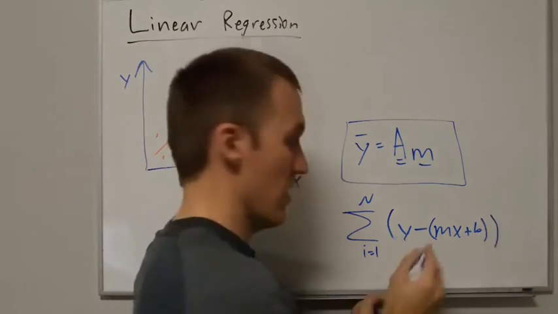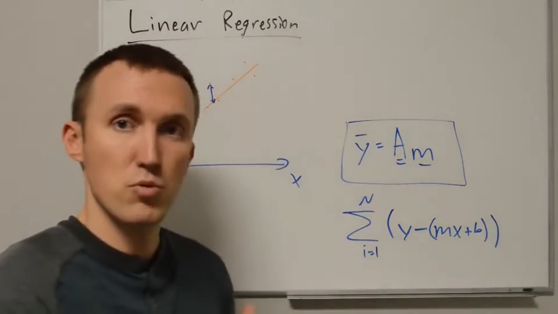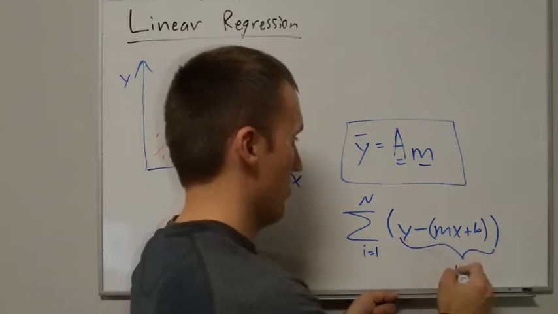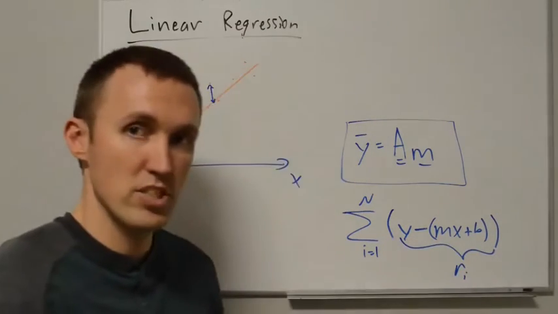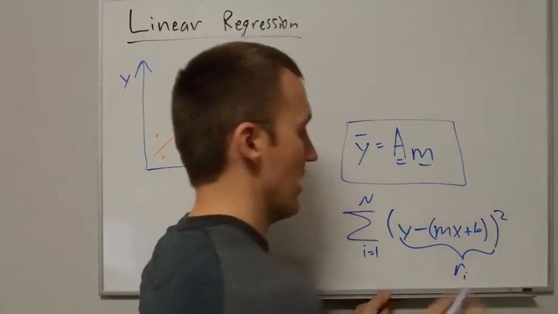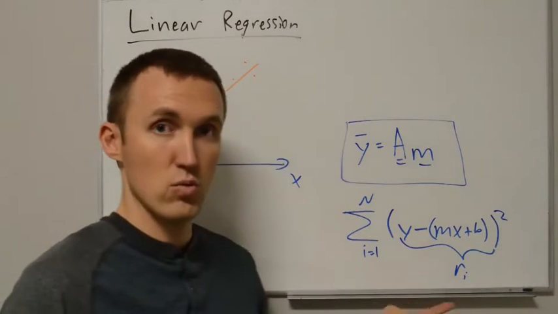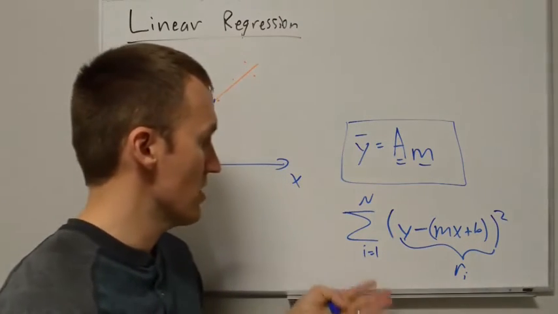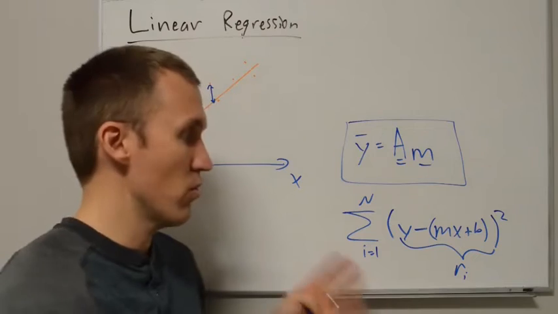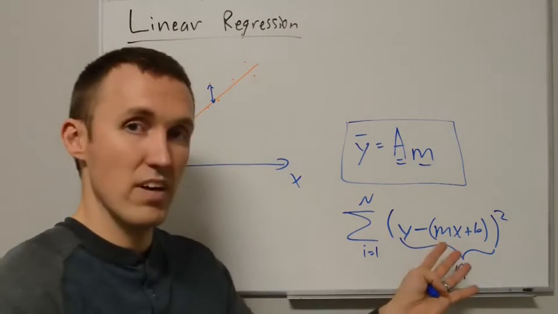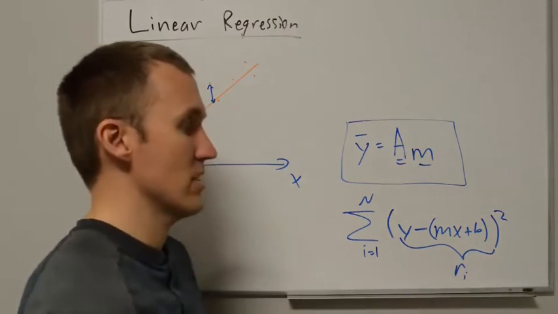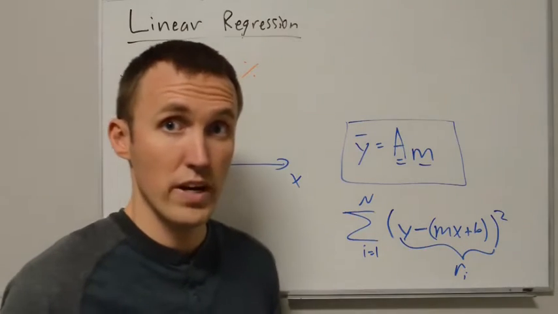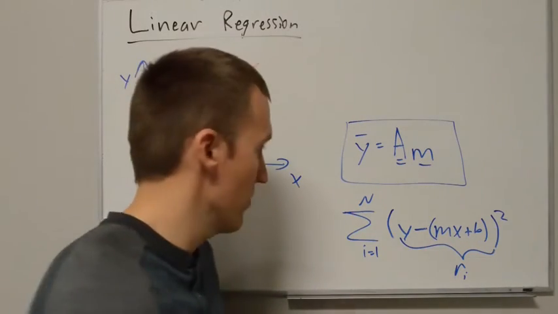This is going to be the residual, the difference between the observed and predicted data. So that will be r_i, the ith residual. And again, our least squares criteria, we're going to square that residual and then sum over all the residuals. So we want to pick values of m and b such that this sum of all the residuals squared is as small as possible.